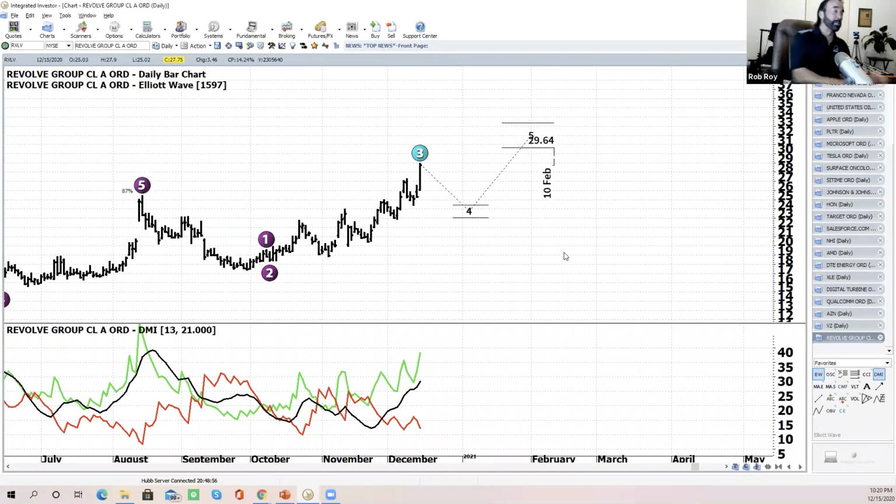Is there options on this? There are, and it's liquid. Wow. Super liquid. Very expensive options though, but super liquid. It's tradable though. I mean, you can get it down to where you can get a decent delta. Huge liquidity. Wow.